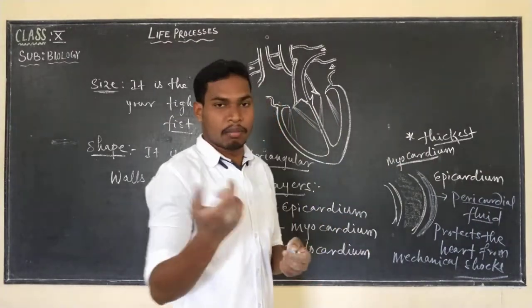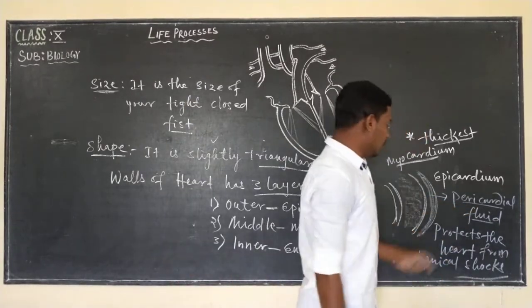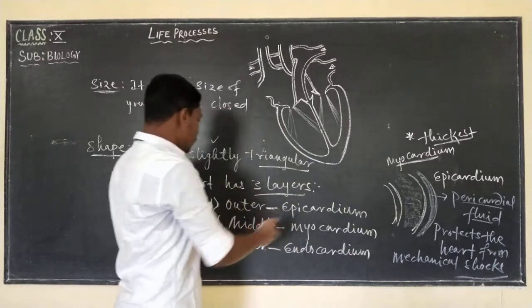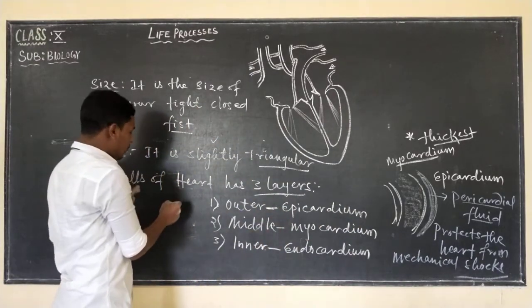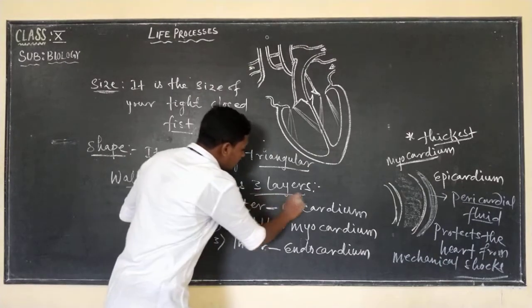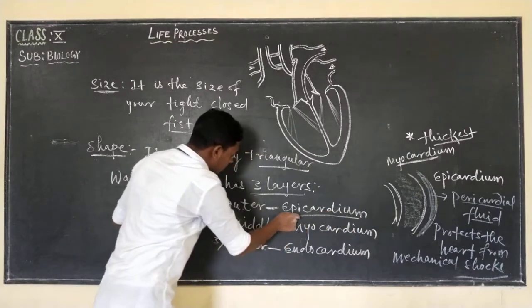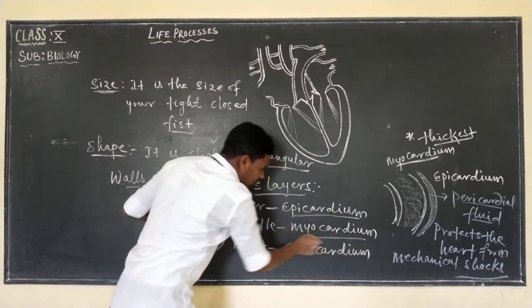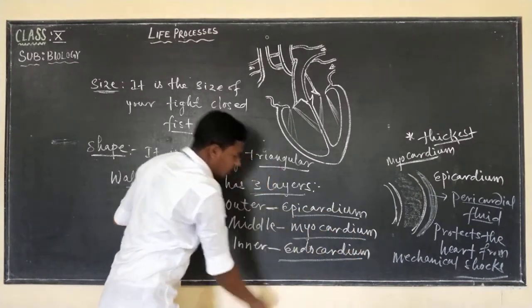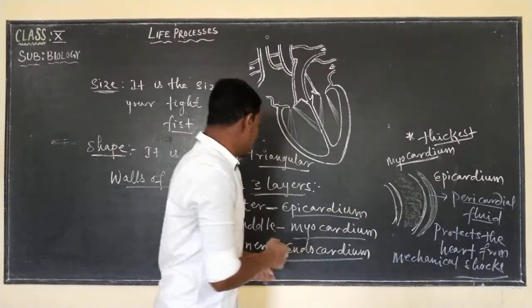The jerky movement of the heart is protected by the pericardial fluid. So these are the muscles of the heart, or the walls of the heart. It is made up of three layers: epicardium if it is outer, myocardium if it is middle, and endocardium if it is inside.